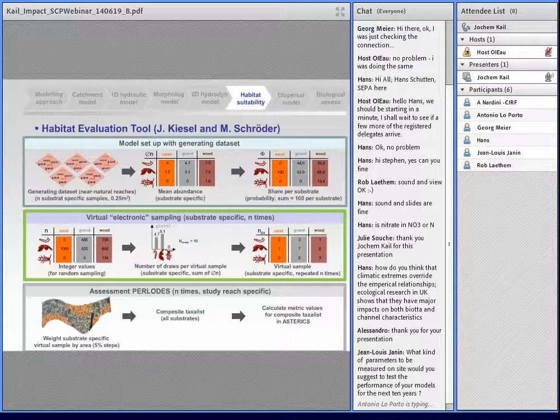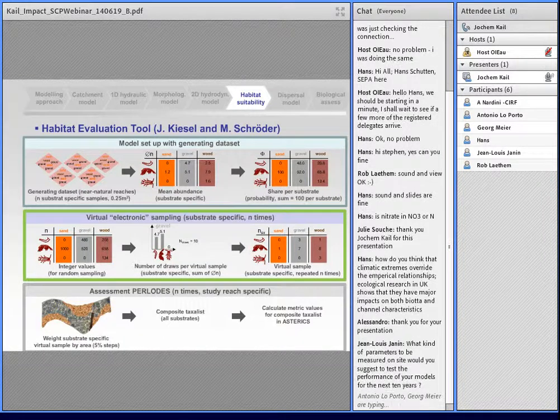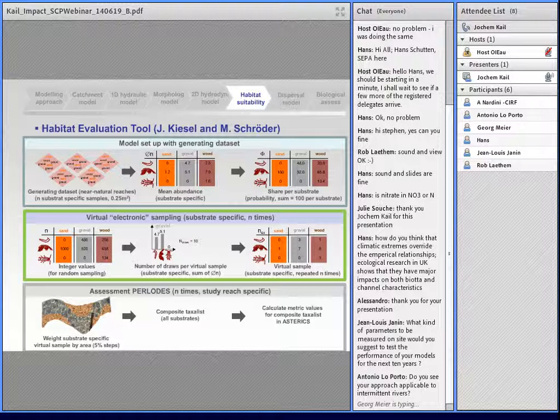As far as I am aware of, at least in Central Europe, there are some predictions, especially for fish species, which show that we will have a shift of the species going upstream because they are sensitive to changes in temperature, but we will have less changes in the invertebrates.